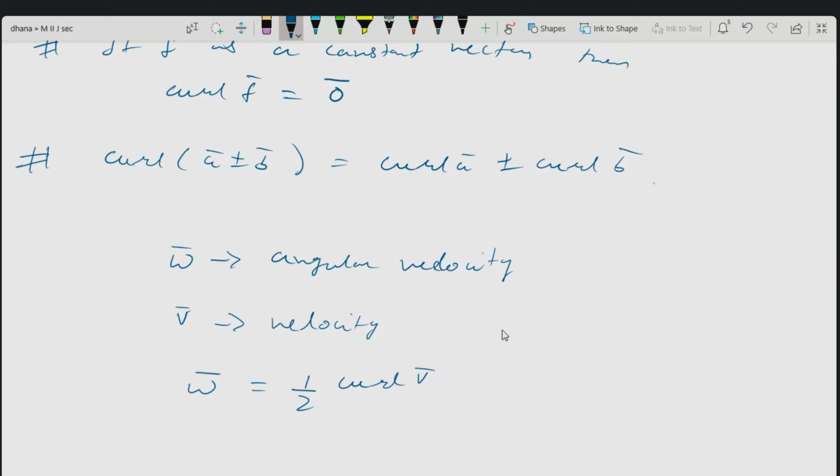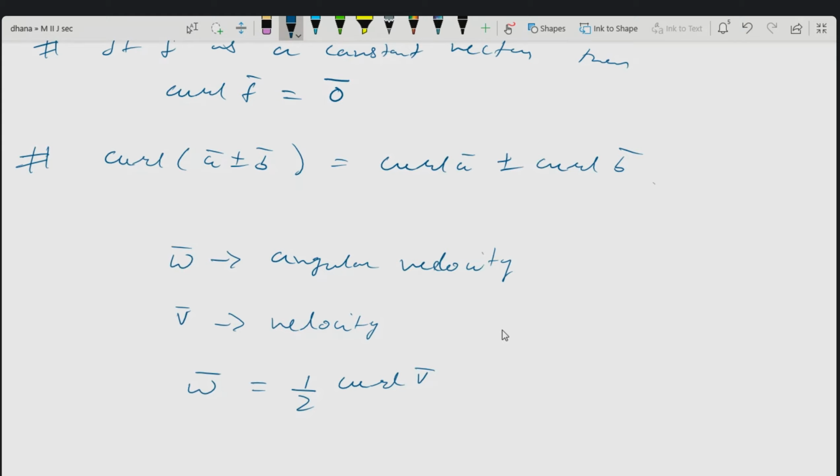Understood? In the case of divergence you have seen the solenoidal vector. When I ask you to prove a vector is solenoidal, you calculate divergence and prove it to be 0. Now if I ask you to prove a given vector is irrotational, what do you need to calculate? Curl of that vector.